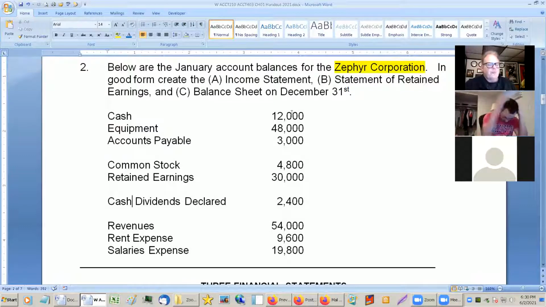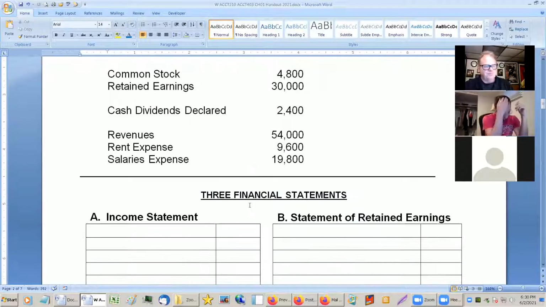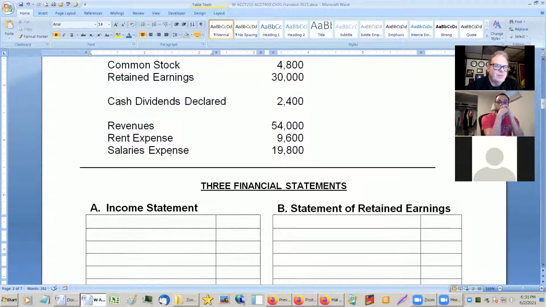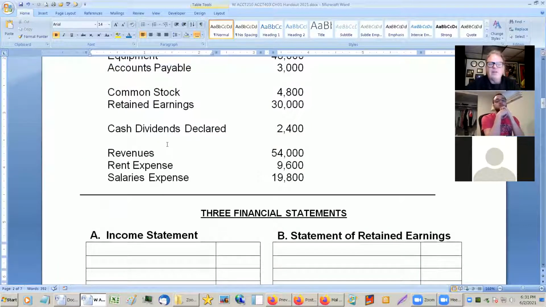Okay, so the first thing we're going to look at is the income statement. And the income statement is there to let us know how profitable the company is, how much money did they make. Now, if you want to know that something's profitable, you'd compare the money that comes in with the money that goes, what?